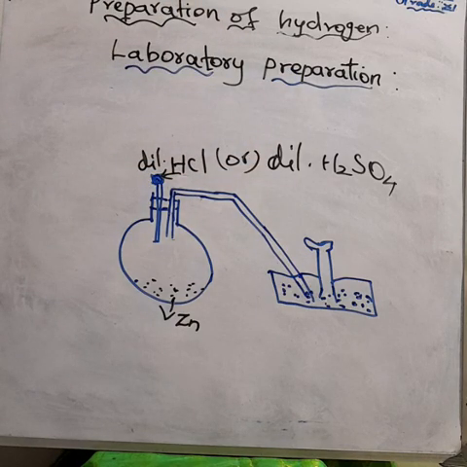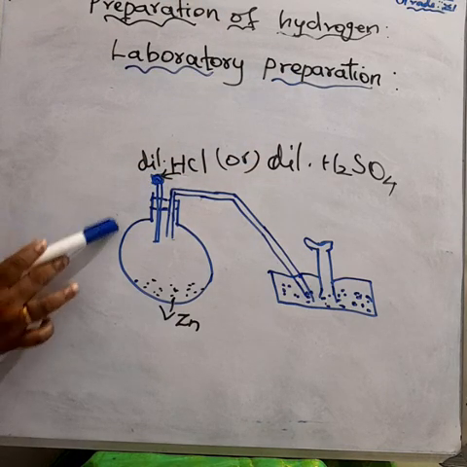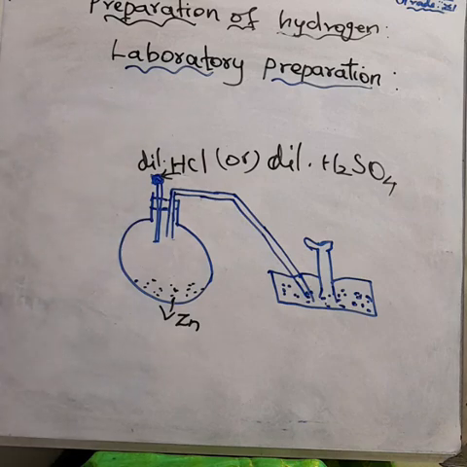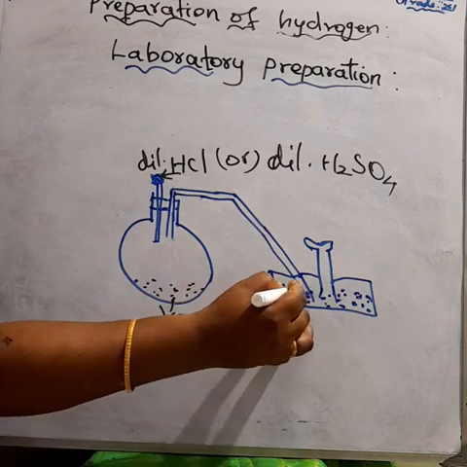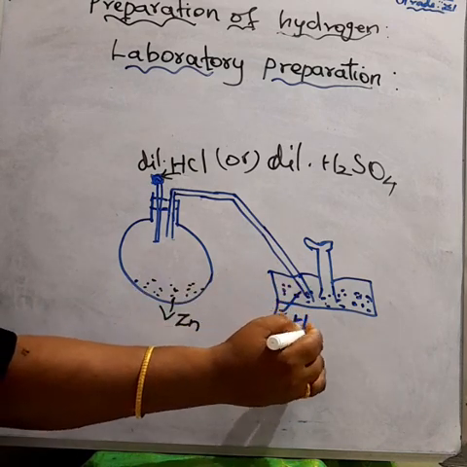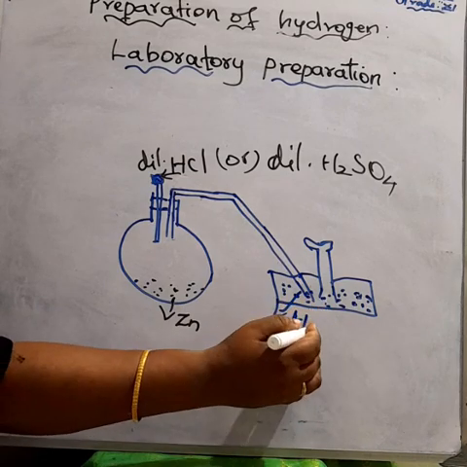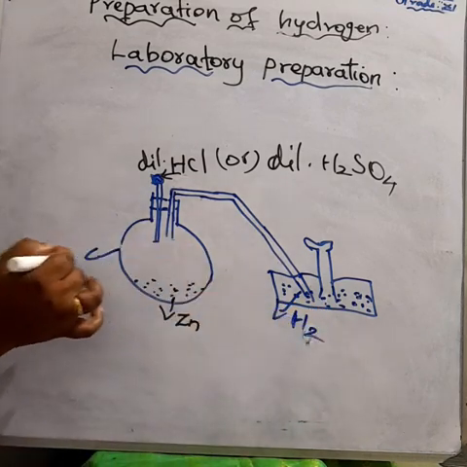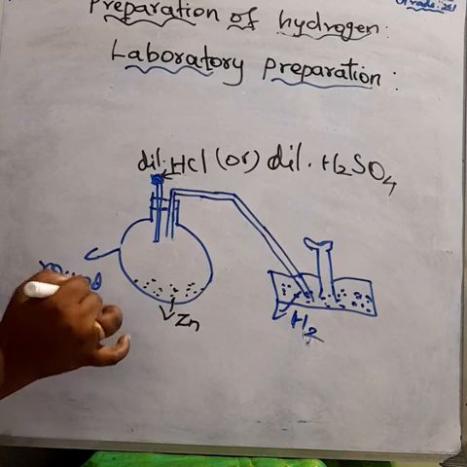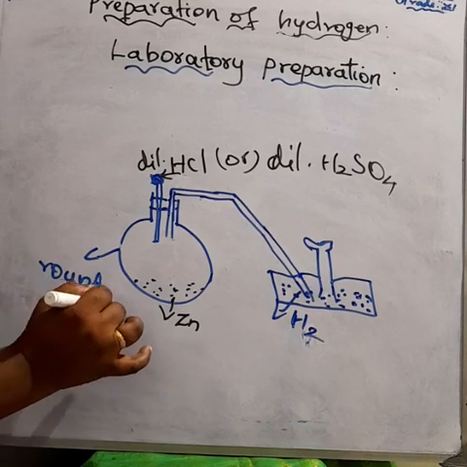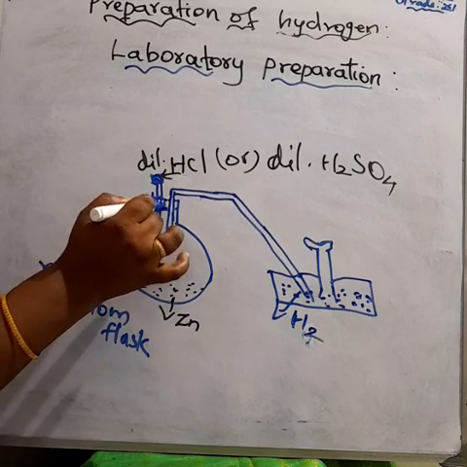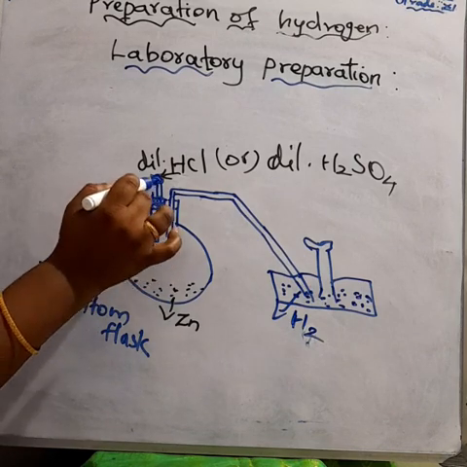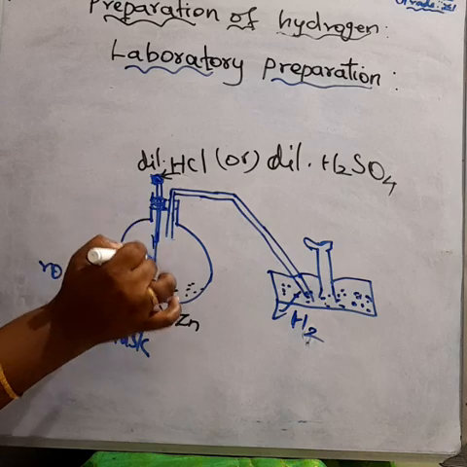In this method, hydrogen is conveniently prepared in the laboratory by the reaction of metals such as zinc, iron, tin with dilute acid. Here this is one of the apparatus, a round bottom flask, with a cork and a glass tube.